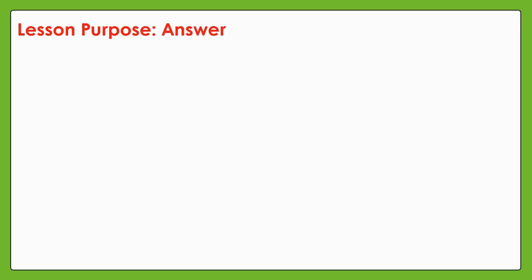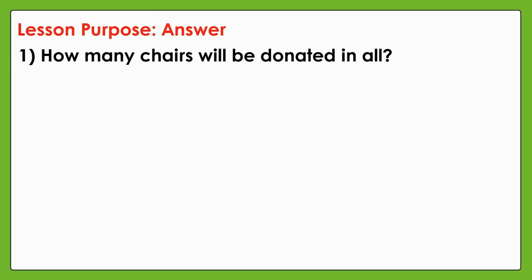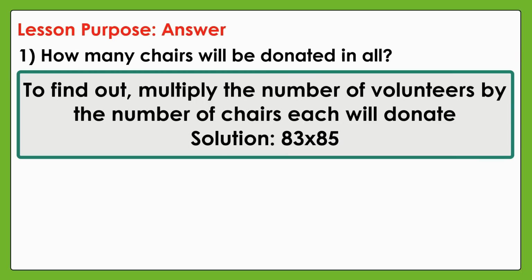Now, let's answer. Number 1, how many chairs will be donated in all? The answer, to find out, multiply the number of volunteers by the number of chairs each will donate. Here's the solution. 83 times 35.